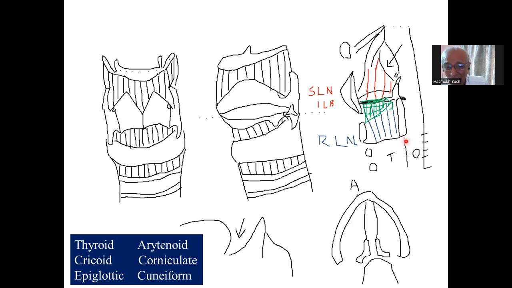There, in fact, it is located initially between trachea and esophagus, in the groove between them, usually. Recurrent laryngeal nerve. Fine.